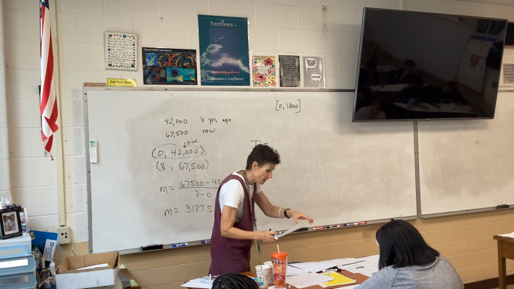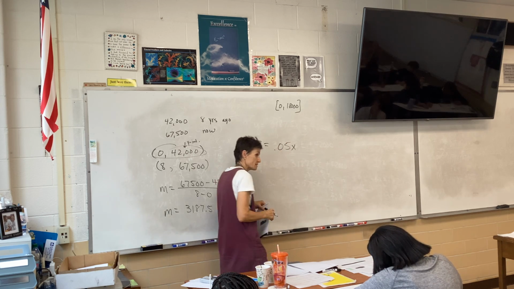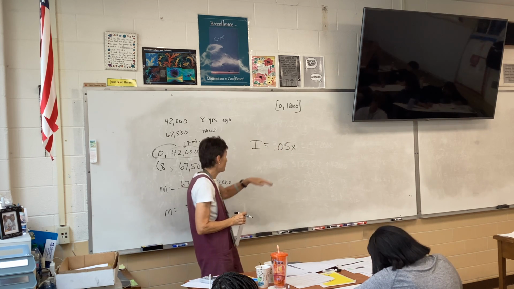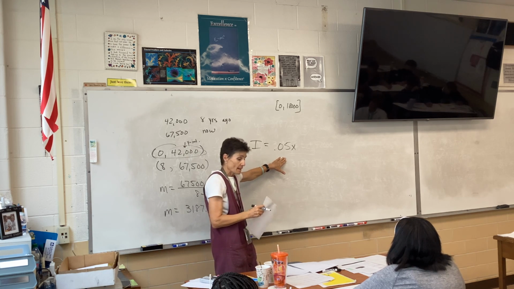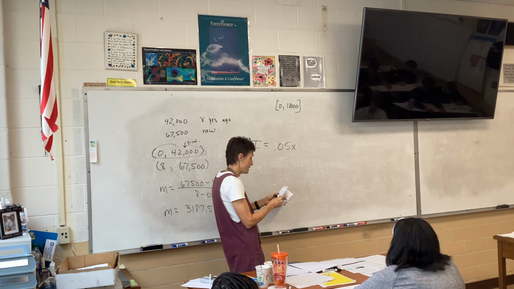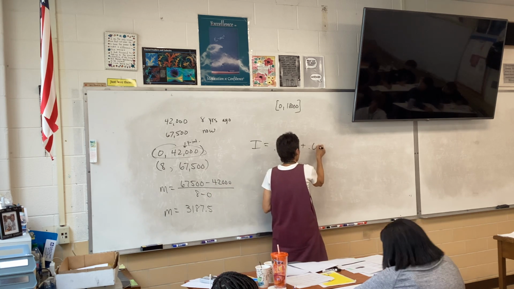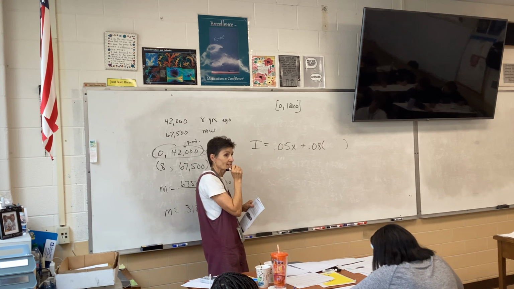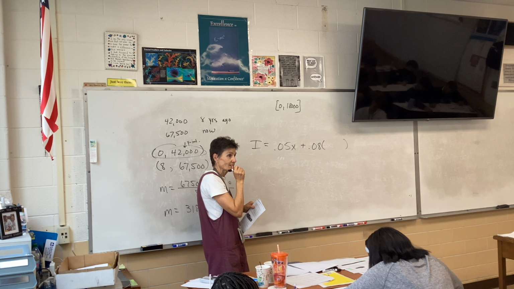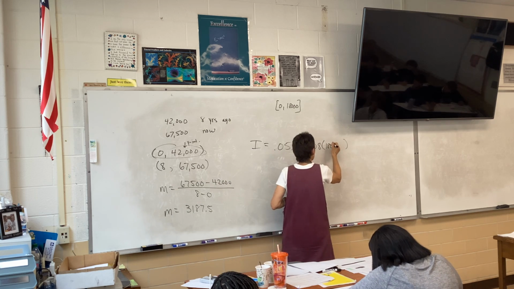It's 5%, so it would be 0.05 times X. So X is how much money she put in the 5% account. But she's got some more money in the 8% account. How much is in the 8% account? Alan? 18,000 minus. Exactly, 18,000 minus.